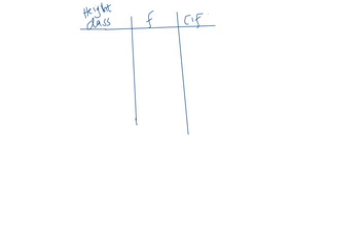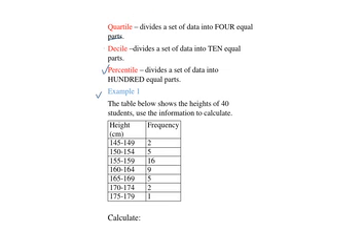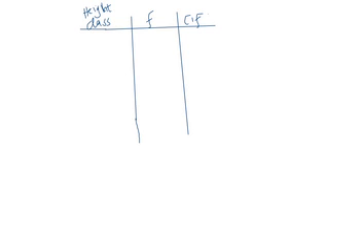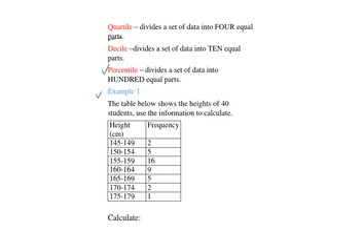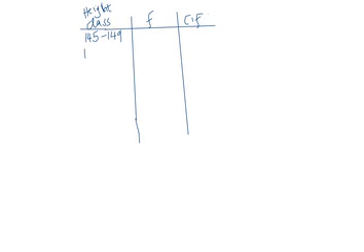So the first class from the table is 145 to 149. Then we have 150 to 154.